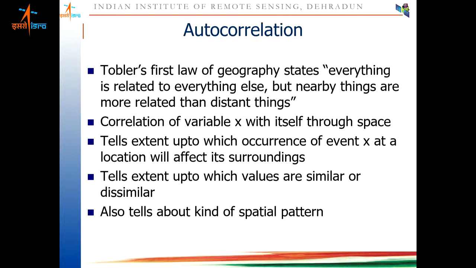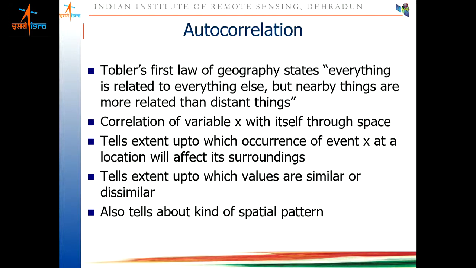Spatial autocorrelation is the correlation of variable x with itself through space. Generally, when we say correlation, it is calculated between two variables, x and y.